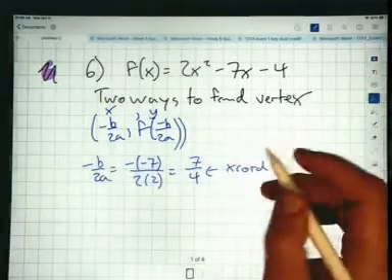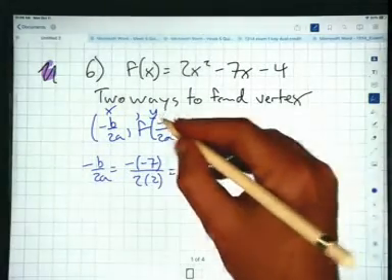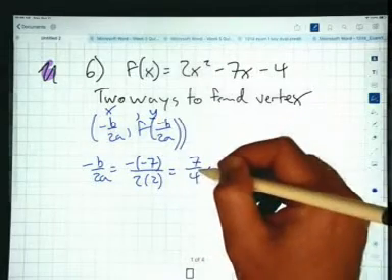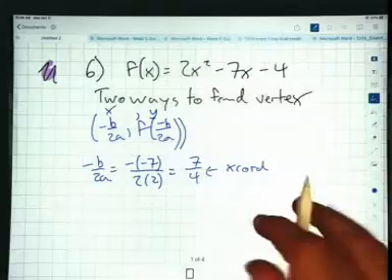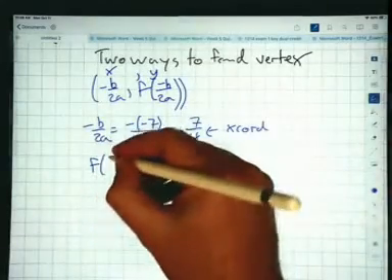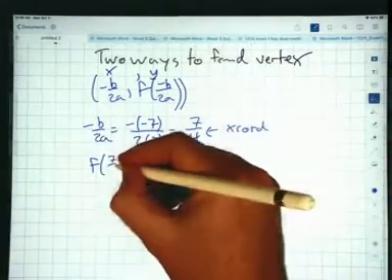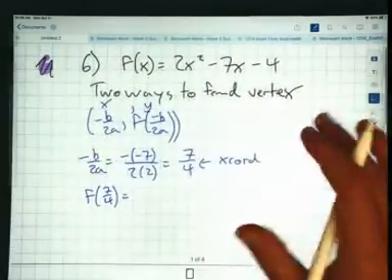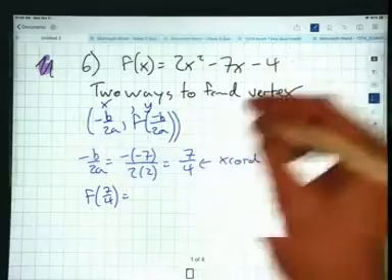Now what we want to do is find the y-coordinate. The way that you find the y-coordinate is you evaluate the function at the x-coordinate. So we're going to find f at 7 over 4. We're going to plug in 7/4 for every single x in our function.